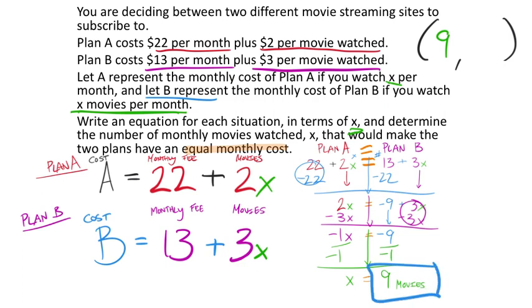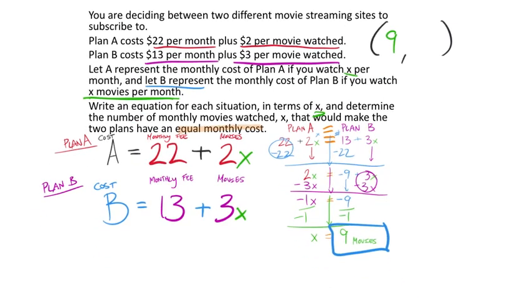The other thing you can do here is say, well, how much did it cost? So I'm going kind of beyond the problem here. Hopefully that's okay, but how much would the two plans cost? Well, we can figure that out. You can use either one of these equations, but it should be the same cost, right?